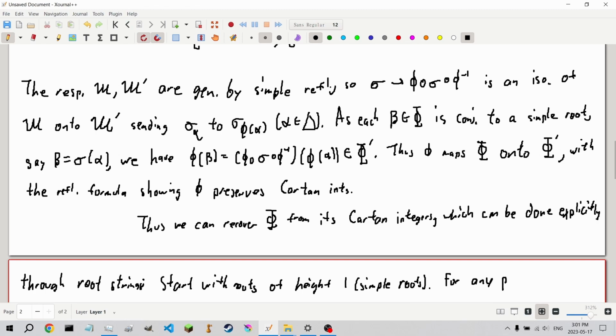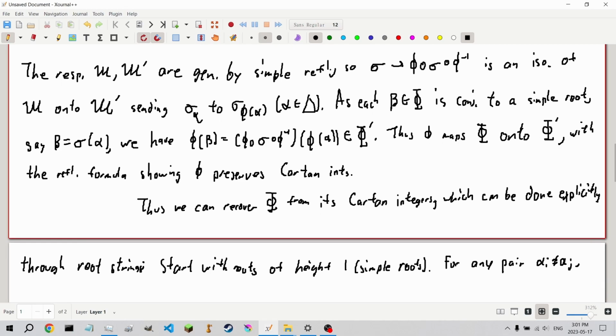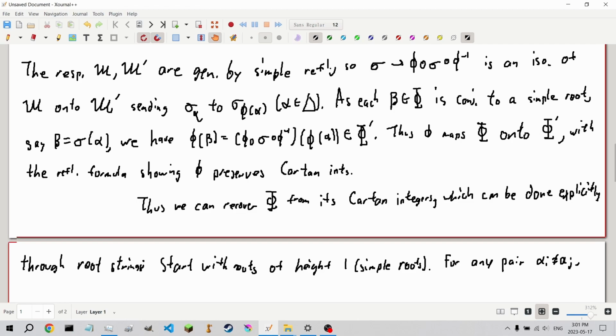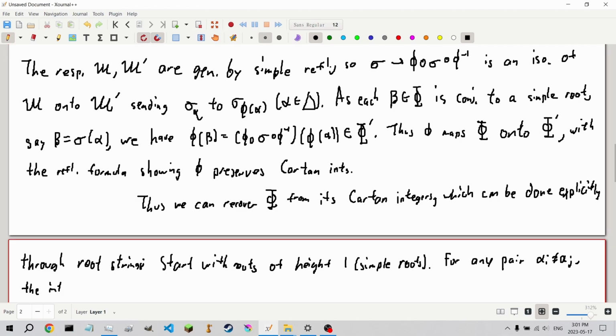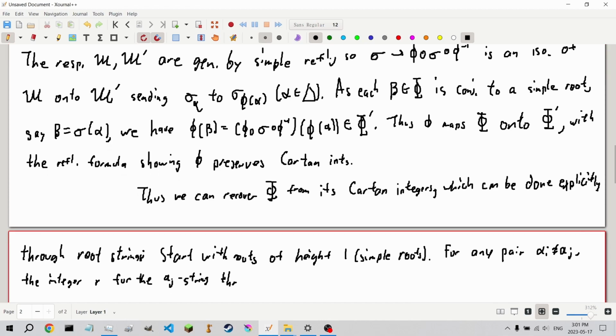For any pair of distinct roots, the integer r for the alpha j string through alpha i is 0, which is essentially saying that alpha i minus alpha j is not a root.